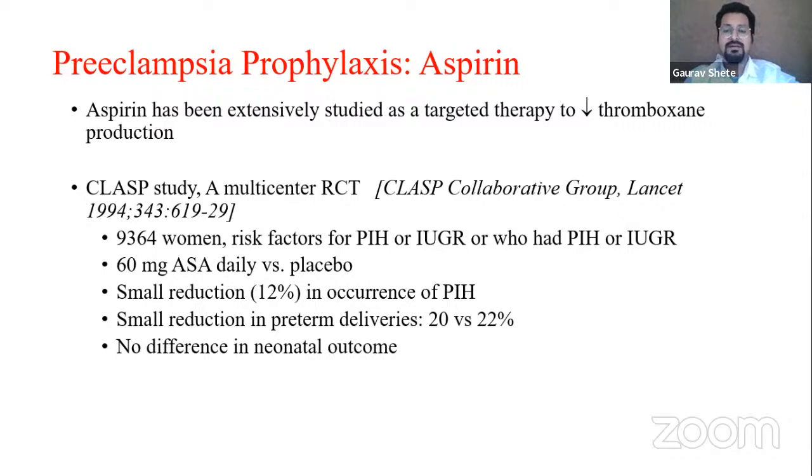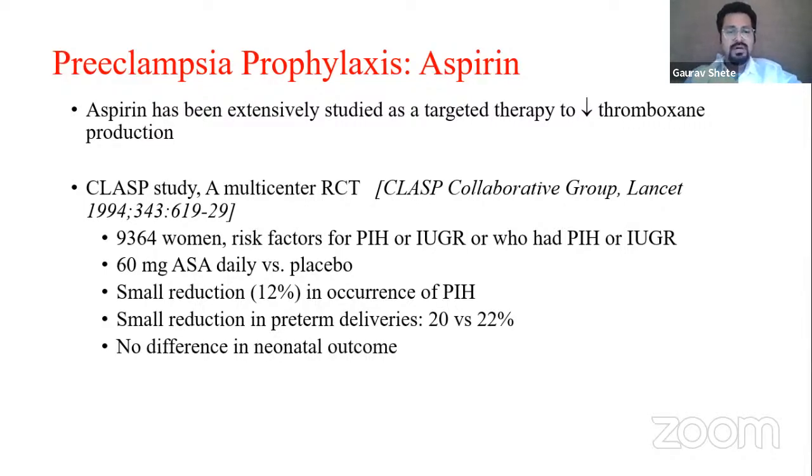In preeclampsia, because of vasoconstriction, further hemodynamic changes take place, which makes the blood even more prone to coagulation. There are more chances of coagulation, because of which aspirin is given.